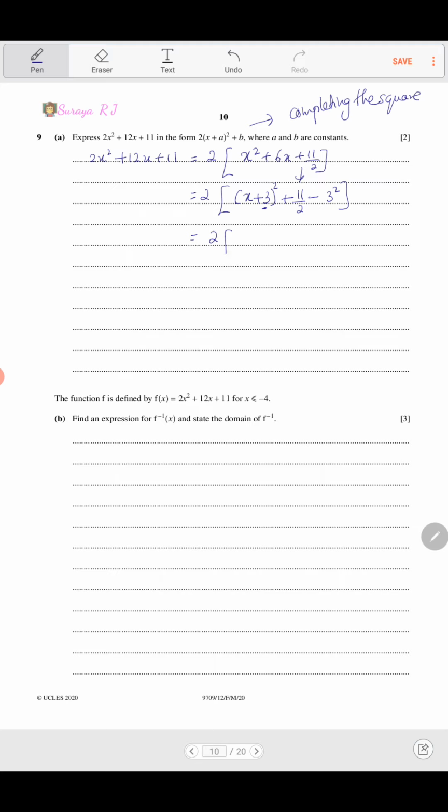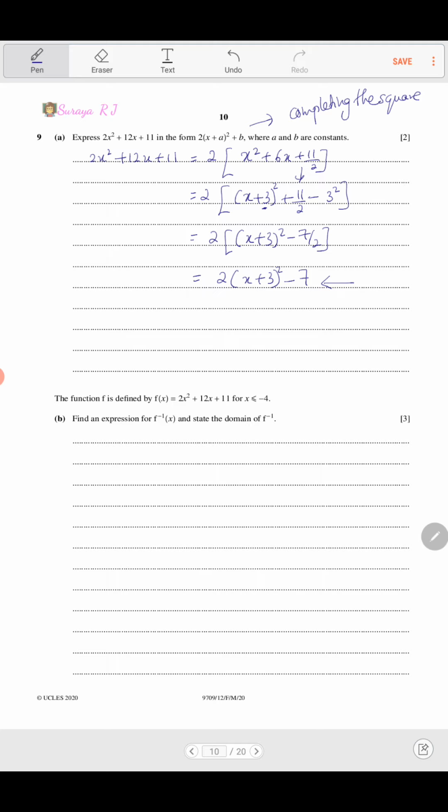So we obtain 2 into (x plus 3) squared plus 11 over 2 minus 9, which is minus 7 over 2, and then we multiply 2 by (x plus 3) squared and 2 times minus 7 over 2, which is 7. So this is in the form of 2 into (x plus a) squared plus b.